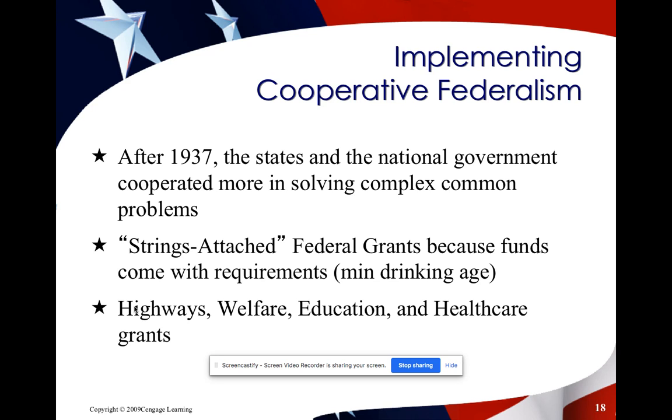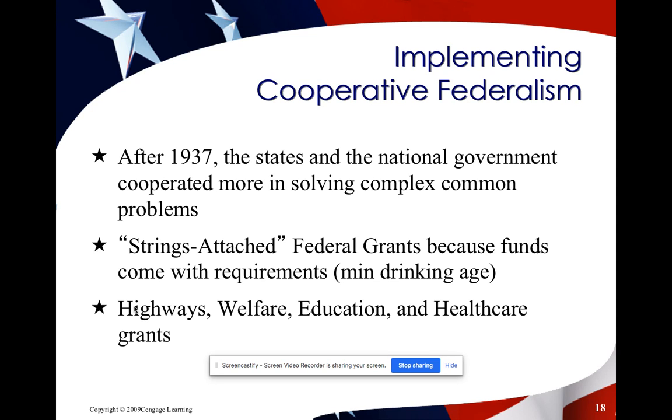Same with federal highways. The reason the drinking age in the United States is 21, hey, it's not in the Constitution, but the federal government has said no federal funding for your federal highways if your drinking age is under 21. So those are examples of strings attached, okay? That comes with welfare, education, healthcare grants, things that states have to have.